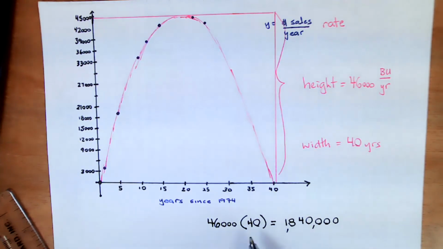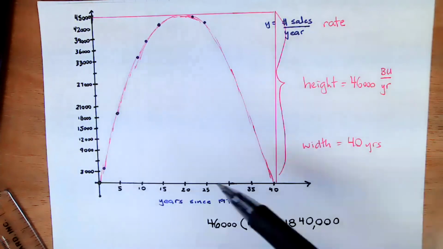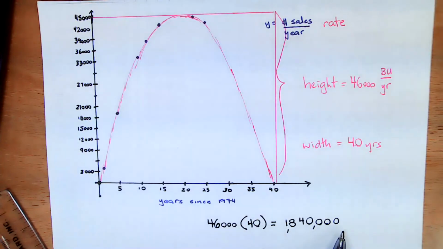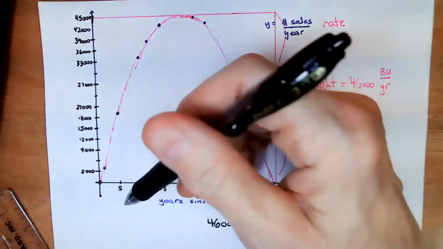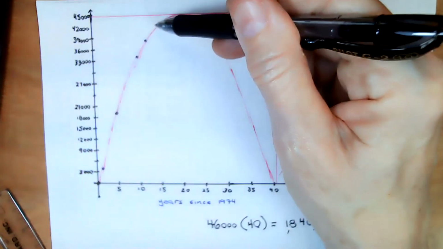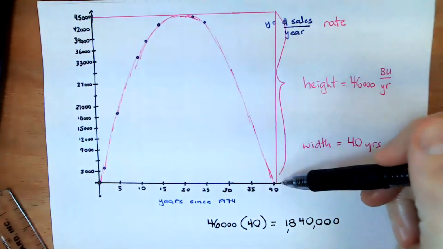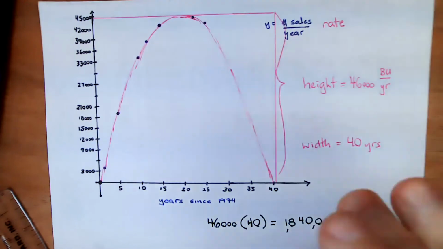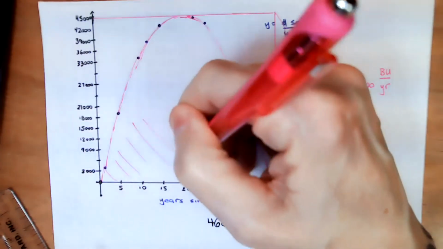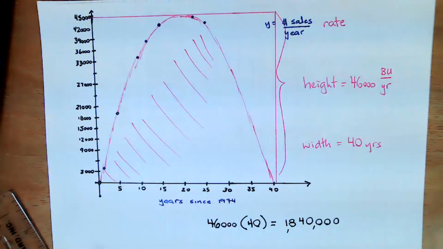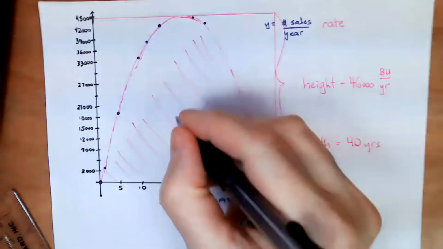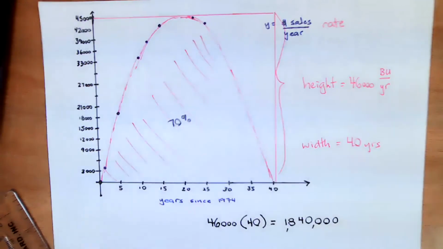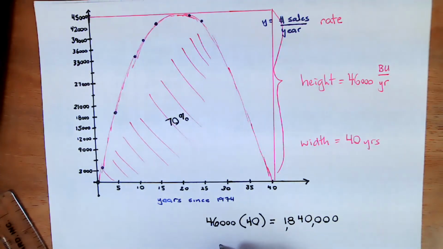So the area of this entire rectangle is 1,840,000. But what we're looking for is the total sales, and that's going to be the area under the curve. And you can just kind of guess what percent of this rectangle is in the shaded region. And I'm going to call that about 70%. So the total sales is going to be 70% of 1,840,000.